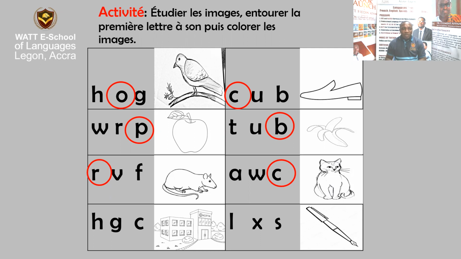Gertrude, look at the picture. What do you see? Hospital? Great, hospital. But how do you say hospital in French? Hospital in French begins with the same letter as in English. In English, it begins with H. In French, it will also begin with H. So H is the first letter sound.